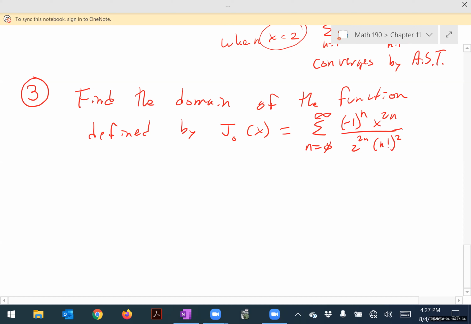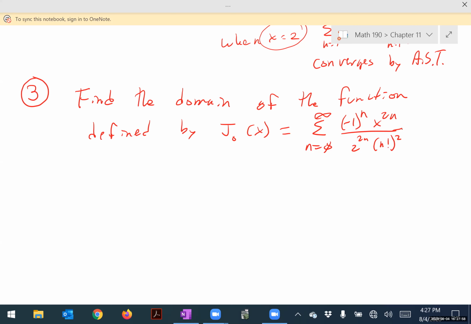So I want to find the domain. For what values of x is this thing defined? What's the domain of x? What can the x's be so that this thing has a sum, is convergent? For what values of x does this thing converge?